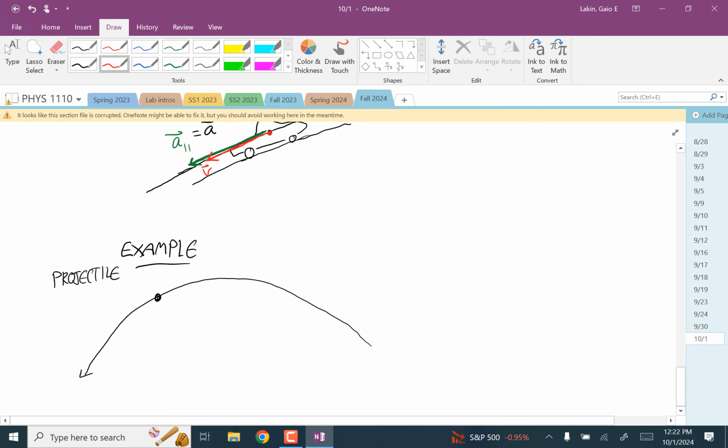The velocity vector is tangent to the path in the direction of motion. Is this on its way up or on the way down? Down. So is it speeding up or slowing down? Speeding up. So is A parallel in the same or opposite direction of V? Same, yep. So there's A parallel.